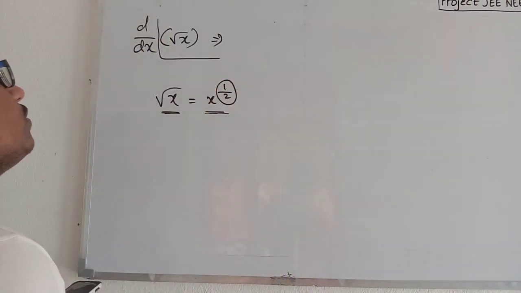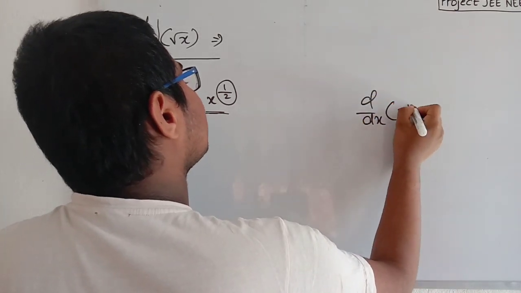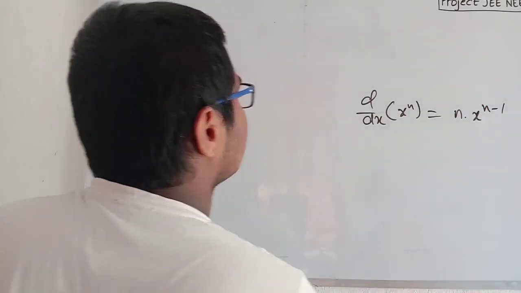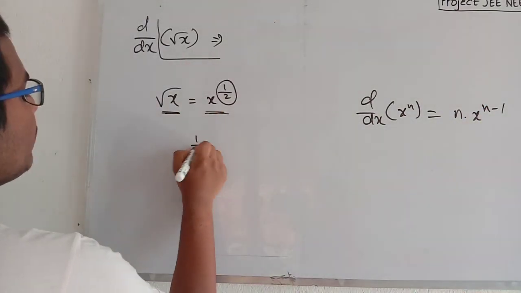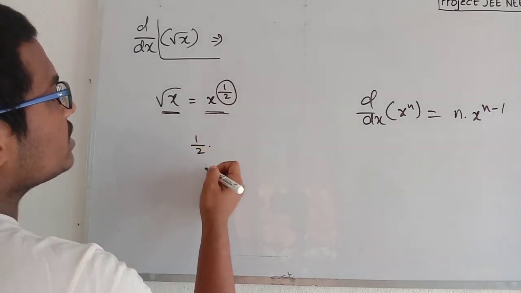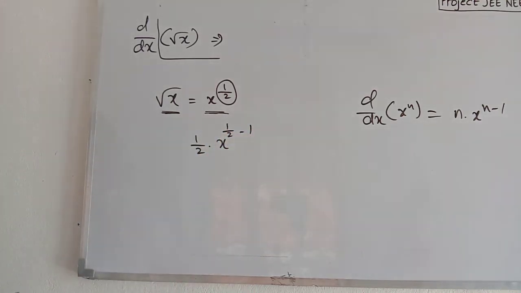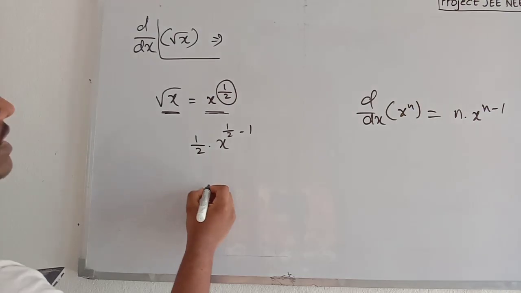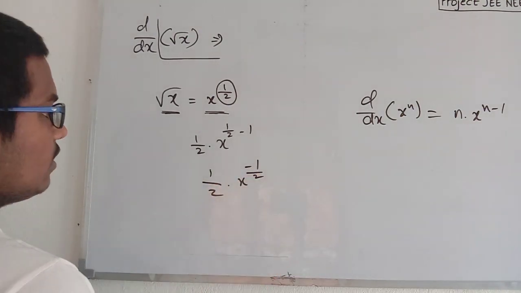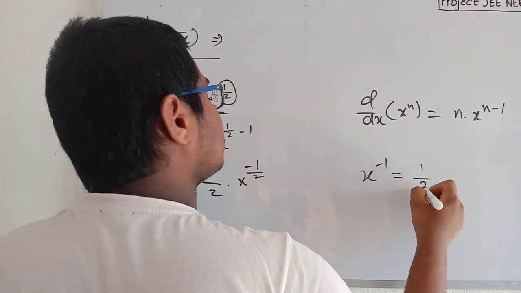If n is equal to 1 by 2, then substitute in the formula d by dx of x power n is equal to n into x power n minus 1. So let's substitute n is equal to 1 by 2. That gives 1 by 2 into x power 1 by 2 minus 1, which is actually 1 by 2 into x power minus 1 by 2. x power minus 1 is equal to 1 by x, right?